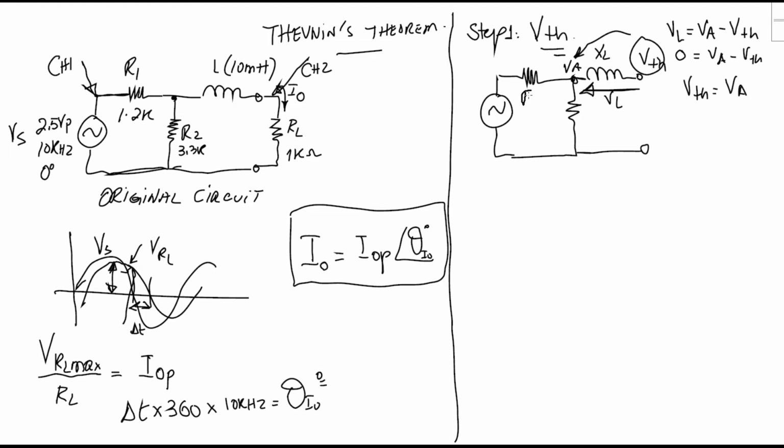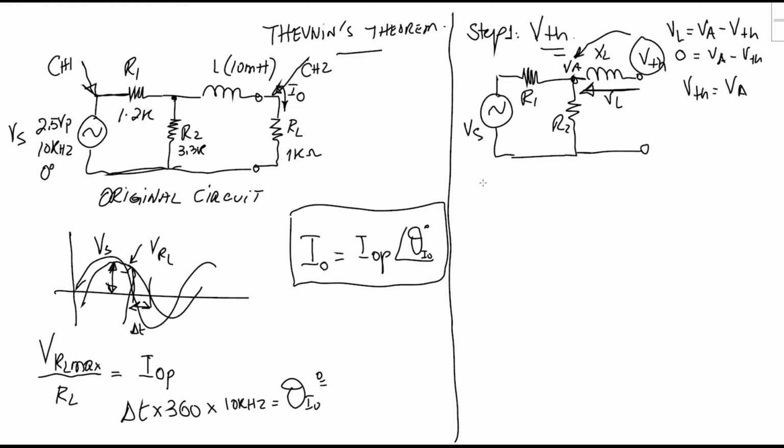Okay, so this is R1 and R2, and this is Vs. It's easy here. We see that those two resistors share the value of the source connected to them, and this is what we call a voltage divider.